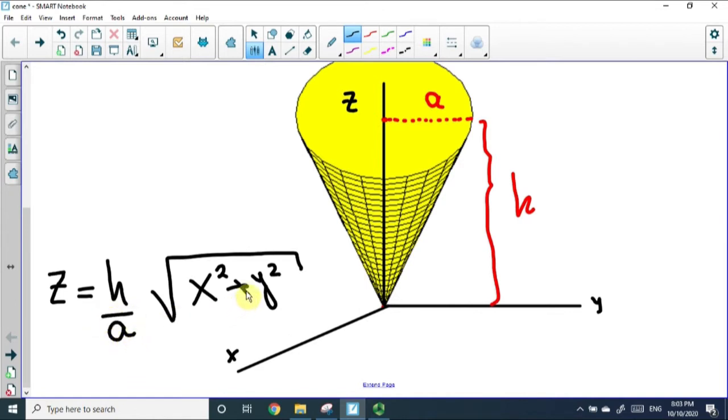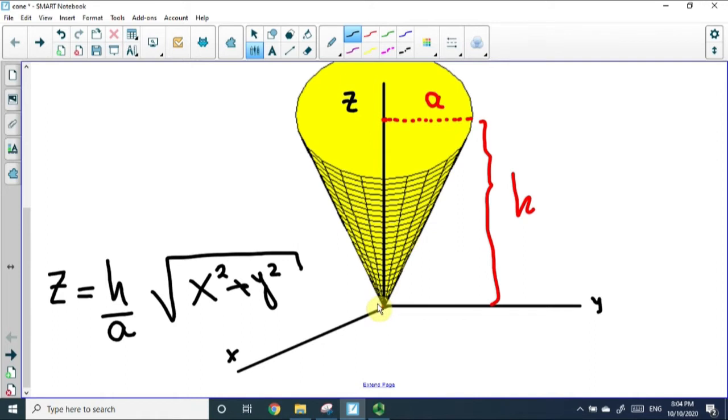Now let's try to at least see that it is a correct formula. You can see that at the origin, when x and y are zeros, z also will be zero. That means the cone will be touching or be at the origin.